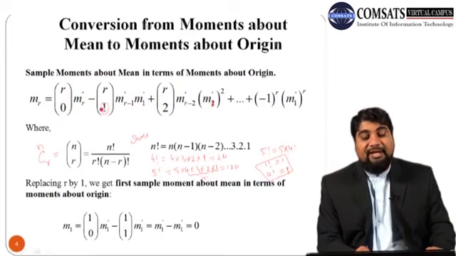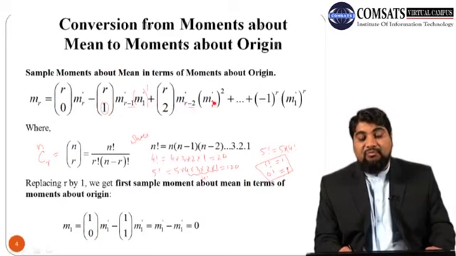Look at here, we have 1 here, so subtract this 1 from r minus 1, and then m1 dash raised to power 1, and then rC2, so subtract 2 from r, r minus 2, and then m1 dash whole square.